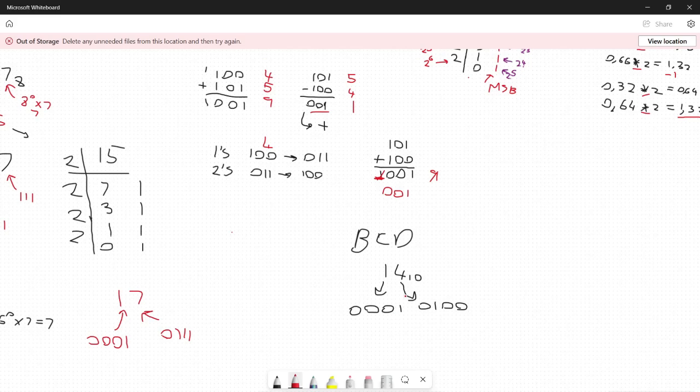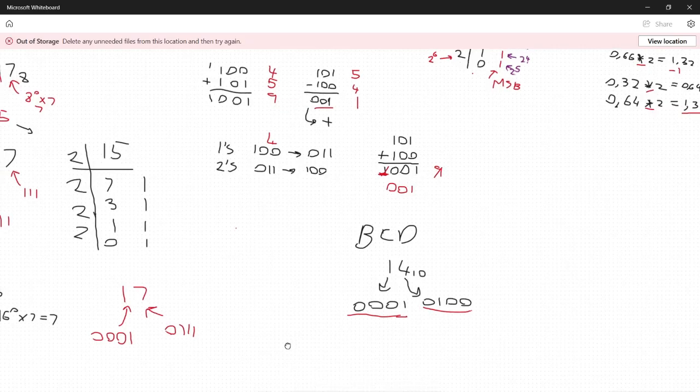The only issue with this is this number does not equal 14 in binary. This is not 14 in binary. It is not. This number is basically coded. I can't remember exactly where we use these in computers, but what I do know is don't get confused between this and hexadecimal.